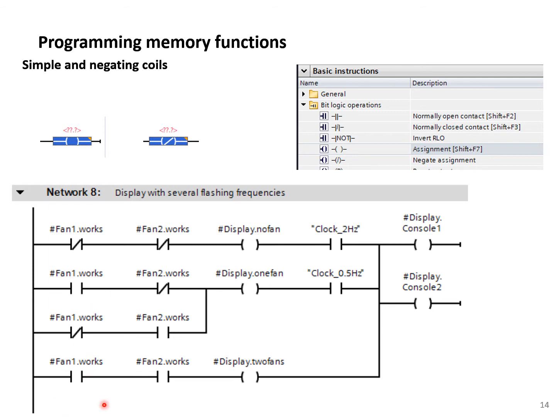And here, if both of them work, then the display 2 fan will be true. So simple. It shows how you could have series and parallel branches and how you could combine normal and negated contacts to activate different types of coils.